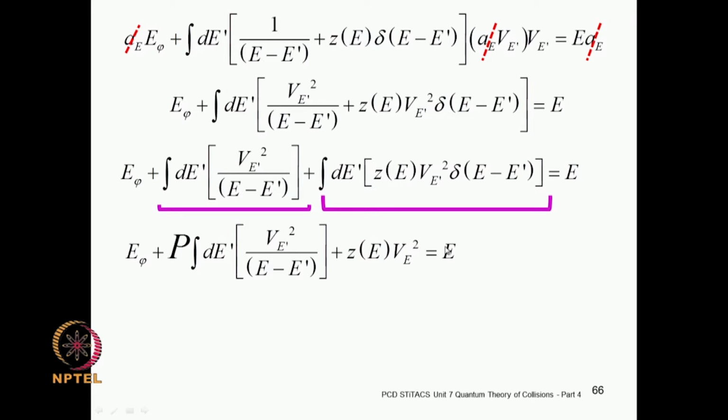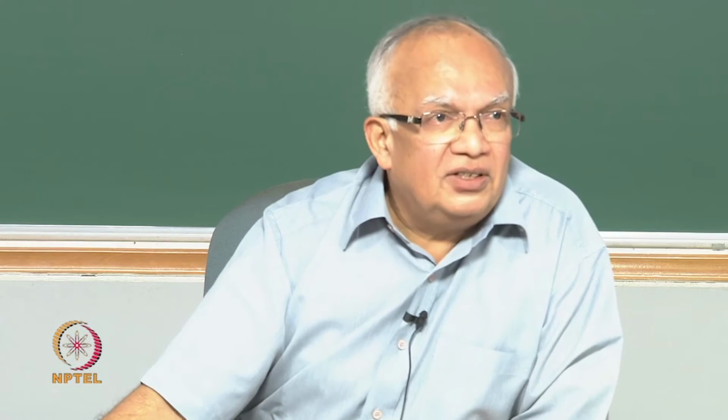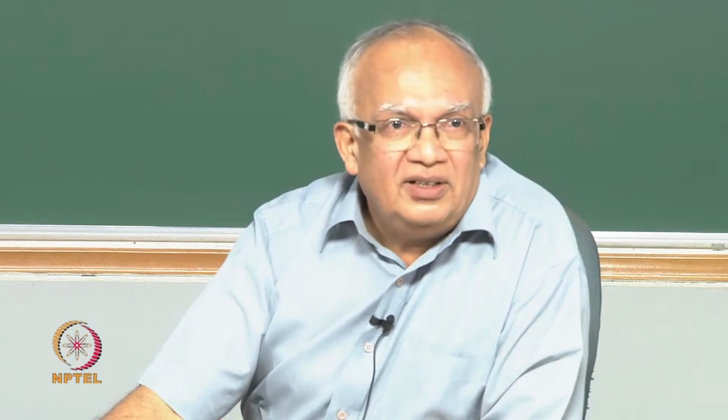So, you get Z V E square from this term, and here you will now carry out a principal value integration, because the value for E equal to E prime is already taken care of over here. Okay. That is already taken care of. So, your problem is done, actually it is a really brilliant idea.